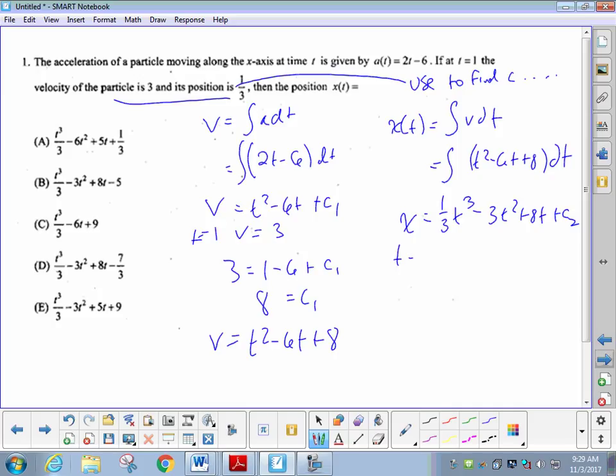They say at time 1 the x is 1/3. So 1/3 is 1/3 minus 3 plus 8 plus C2. The 1/3 subtracts away. C2 must be -5. You got your equation.